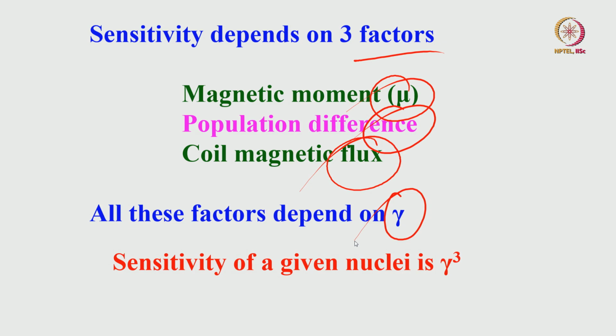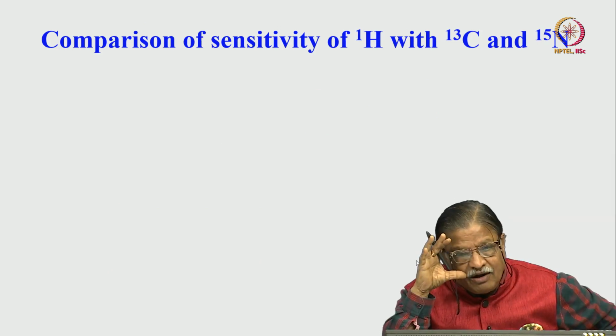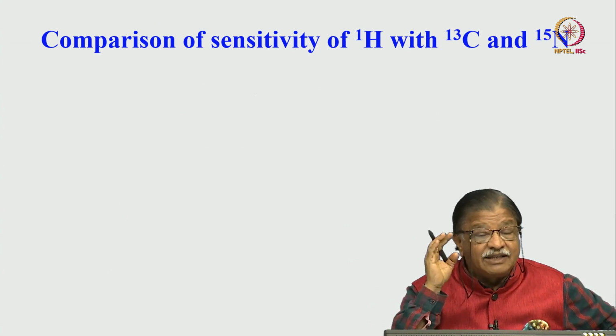That means the sensitivity depends upon gamma into gamma into gamma because of these three parameters. So, it depends upon gamma cube. Sensitivity is linearly dependent upon gamma cube because of these three parameters. So, higher the gamma, higher the sensitivity. This is the reason why I said proton among all the nuclei in the periodic table has the highest gamma.